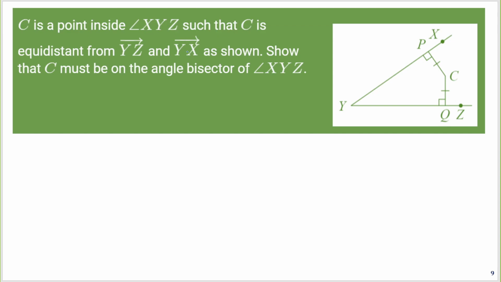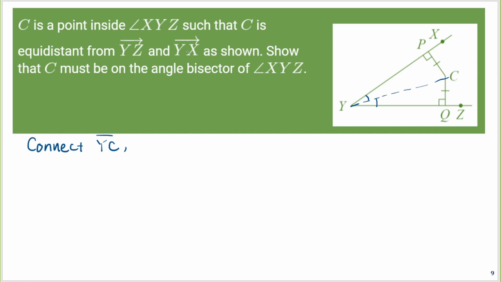So basically, first you need to connect Y and C, right? So first of all, let's connect YC. And we need to prove YC is an angle bisector of angle XYZ, which means you need to prove these two angles are equal, right? Again, probably we'll use a pair of congruent triangles.